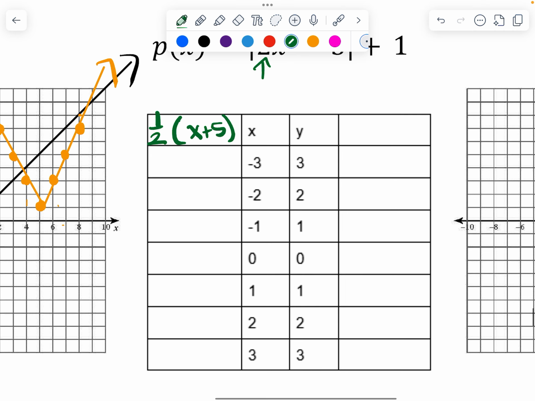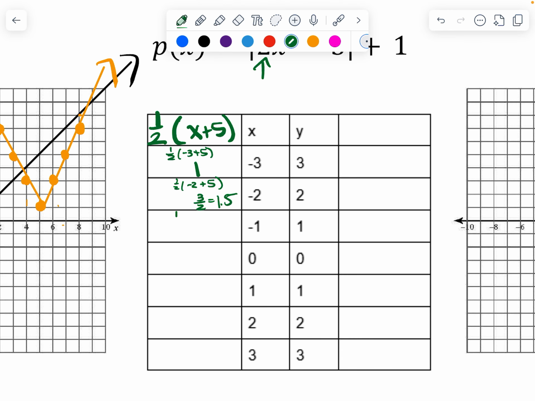So first I have 1/2 of -3 plus 5. So that's 2, so that would be 1. So 1/2 of -2 plus 5, that would be 3. So 3 over 2, or 1.5.